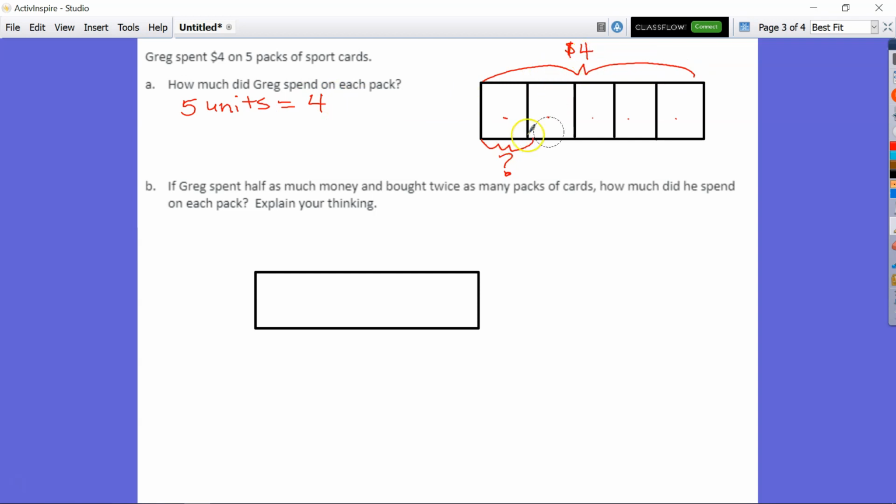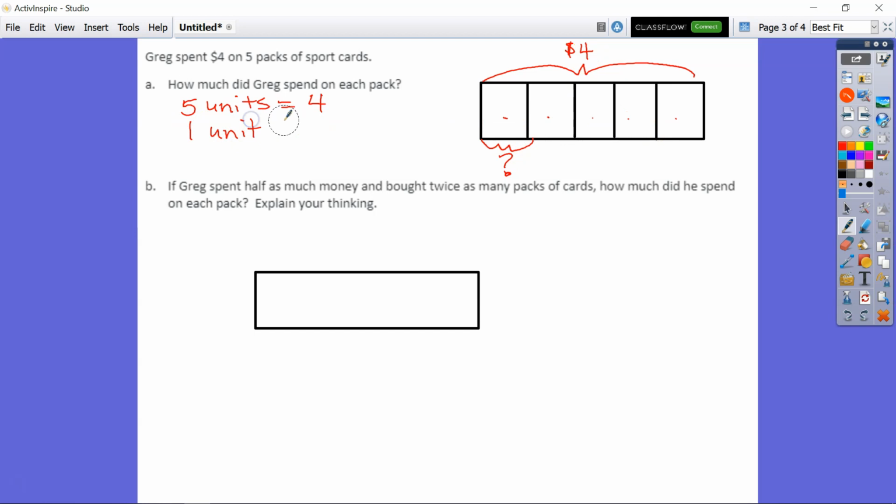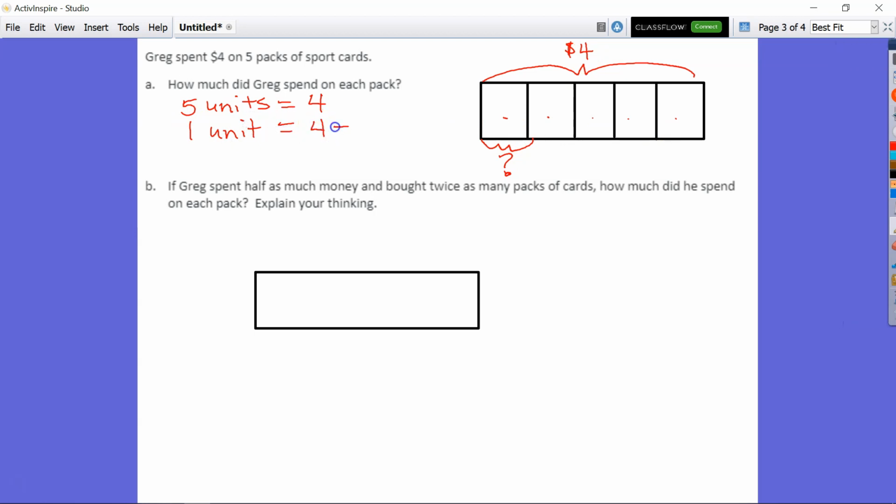So if 5 units equal $4, then 1 unit is going to be $4 divided by 5. So we know that $4 divided by 5 is equal to 4/5. Right?